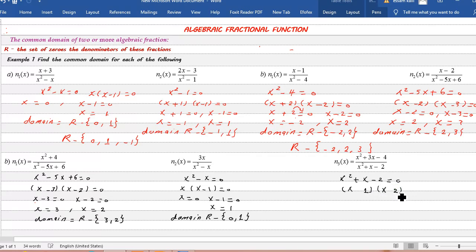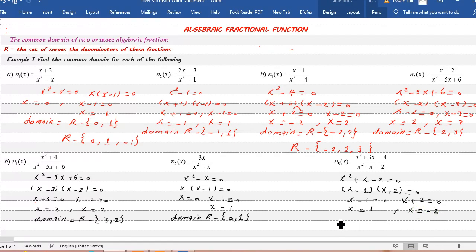The 2 takes the sign of the middle term, positive, and the 1 takes the opposite sign, equals 0. Then x minus 1 equals 0 and x plus 2 equals 0. So x equals 1 and x equals negative 2.